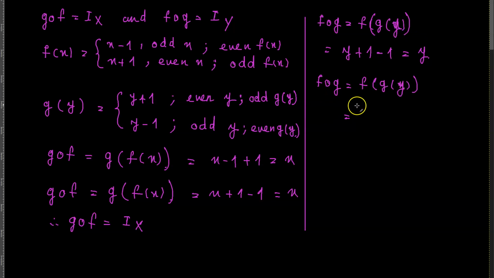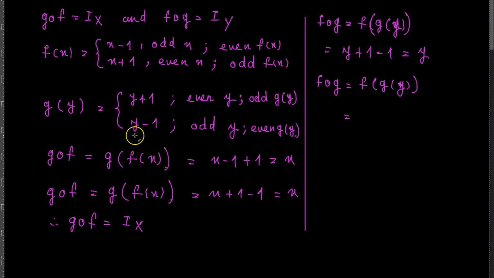So I start over. I'm inputting g of y into f of x. So we were supposed to use the second clause of f of x. Here we need an even x, or an even input. So an even input would be an even g of y.